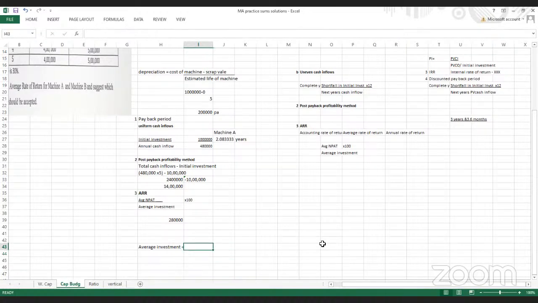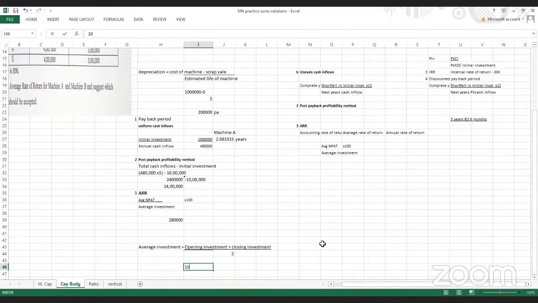The other formula is opening investment plus closing investment, divided by 2. This is better for you, I guess, at your level.